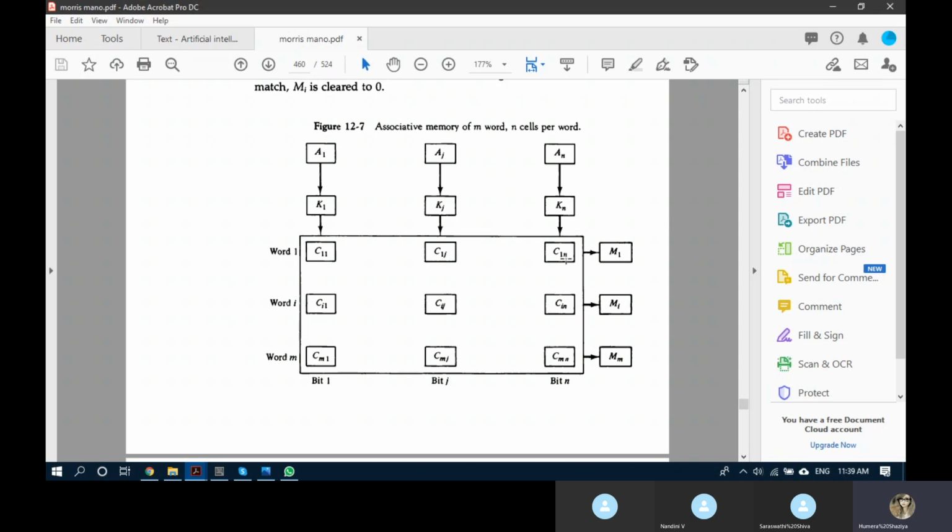The size of each word is n, and there are m words in memory. There are m words. The size of each word is n, and there are m match positions.